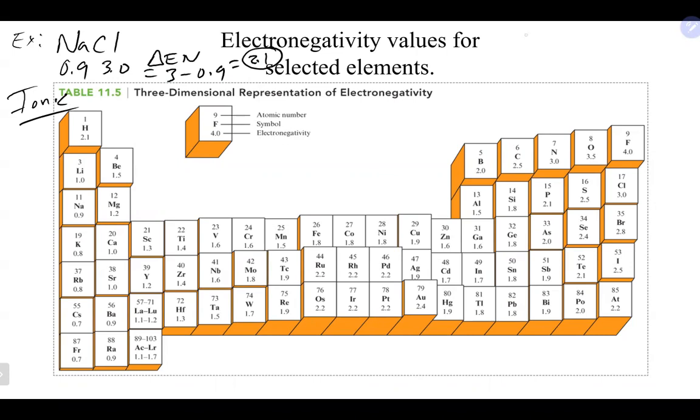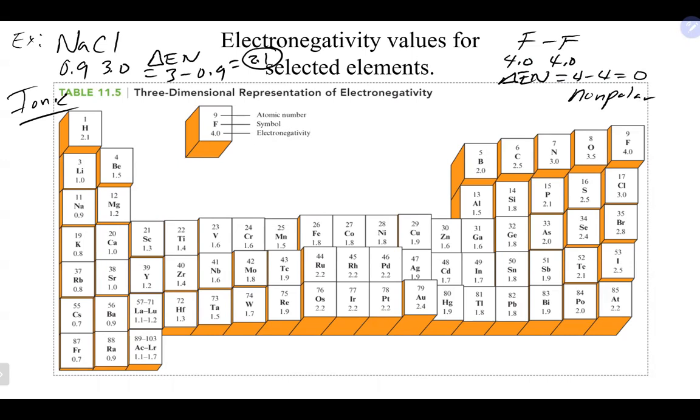If we look at our F2 that we also saw, fluorine is 4 and fluorine is 4, which means when I do the difference in electronegativity, that is 4 minus 4, which is 0. And that falls under the 0 to 0.4 category, which means this is a nonpolar bond, and the electrons are being shared equally in this case.